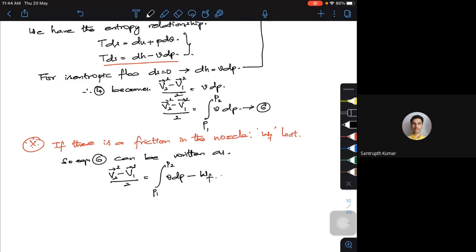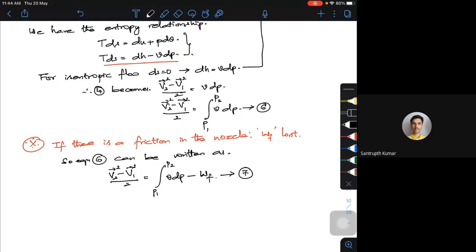This frictional loss I need to consider if it is not an ideal isentropic process. If it is an isentropic process, then equation 6 holds good. If it is a non-isentropic process, then I have to consider equation 7. So that's how it is.